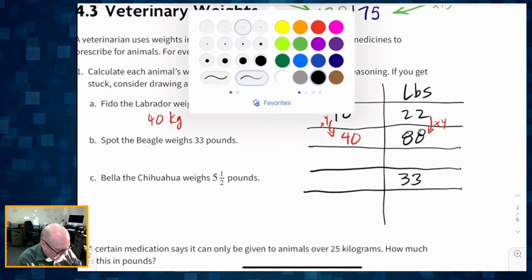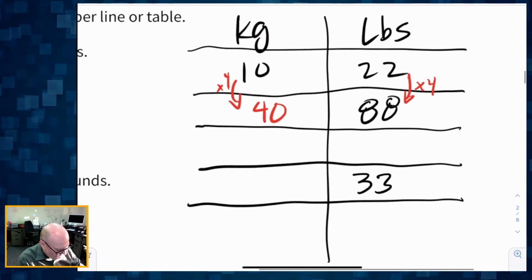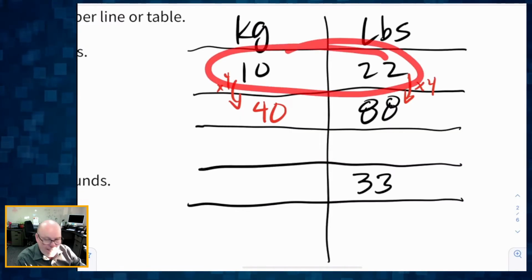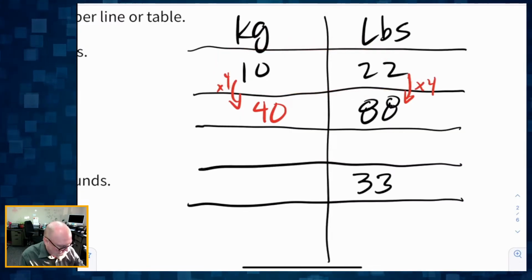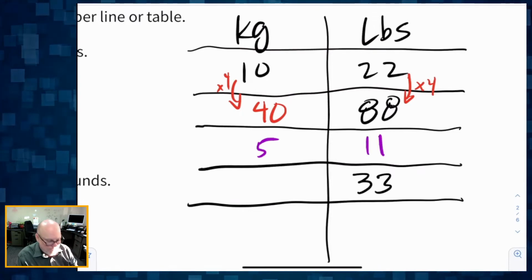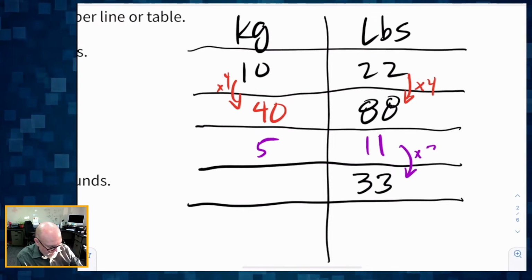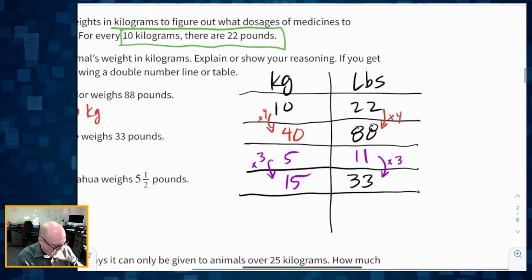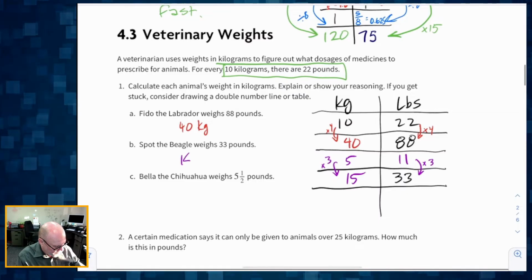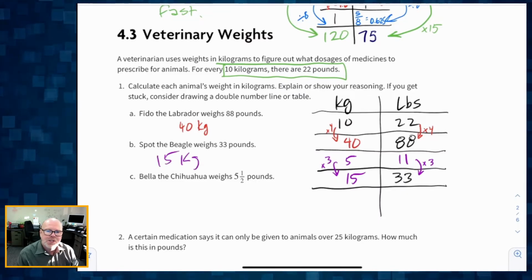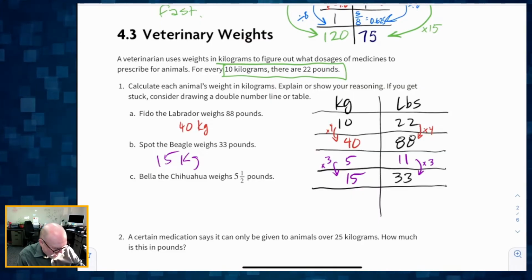So I see a handy dandy thing. We can immediately take that initial ratio and scale it by dividing by 2. That gives us 5 kilograms is 11 pounds. And now I can scale it up by 3, and I get 15 kilograms. 15 kilograms. And then Bella the Chihuahua weighs 5.5 pounds.